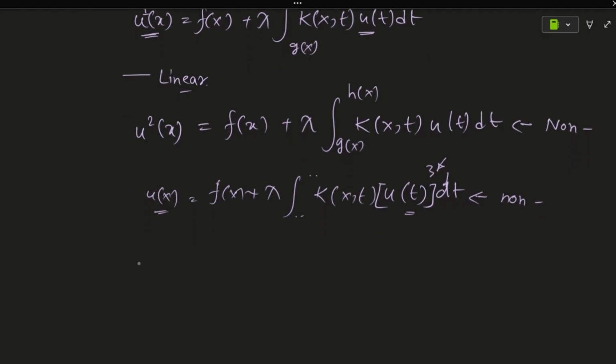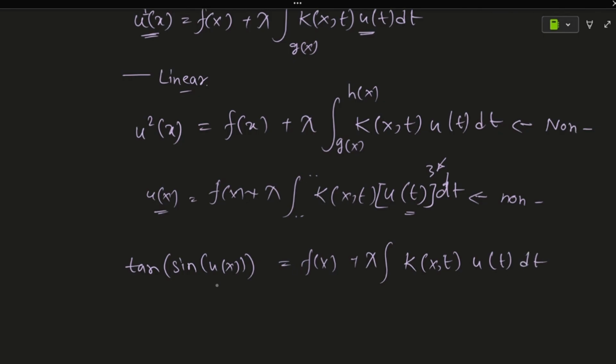Or if it is trapped inside a function, then it's also a nonlinear integral equation. If the function is trapped inside another function, even if it is inside the integral, it doesn't matter, it's nonlinear.